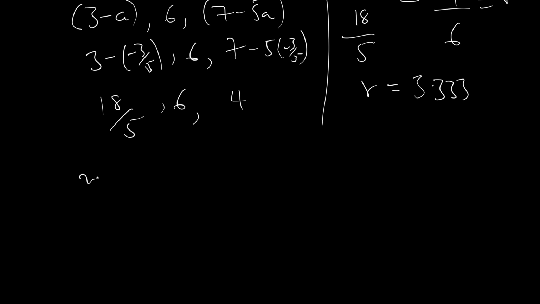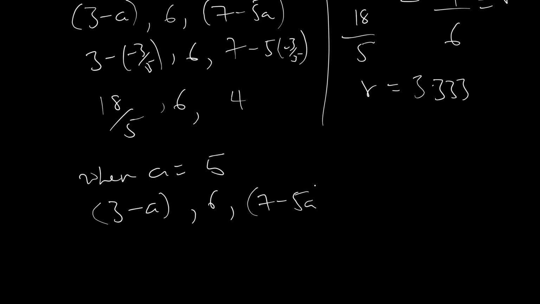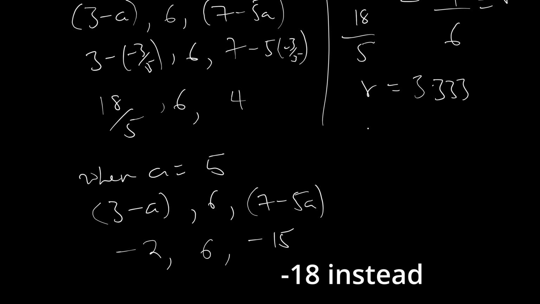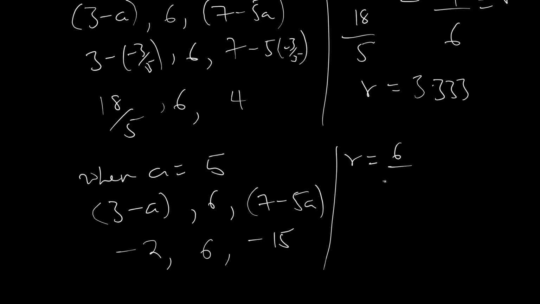And when a is equal to 5, 3 minus a, 6, 7 minus 5a becomes negative 2, 6 and negative 18. So our R becomes 6 over minus 2, which is equal to minus 18 over 6, and our R is equal to negative 3.